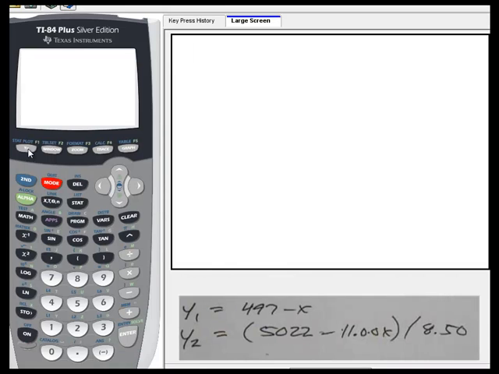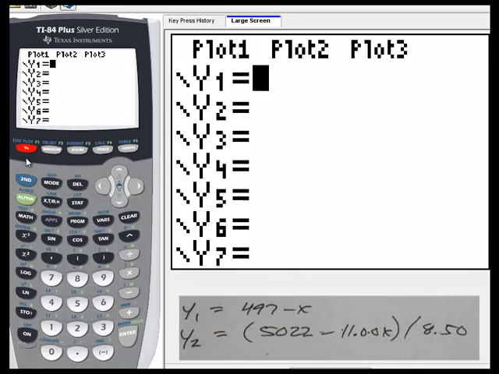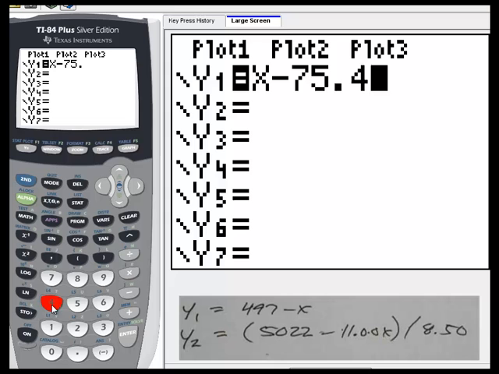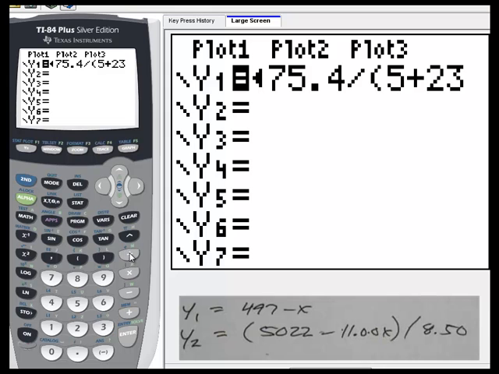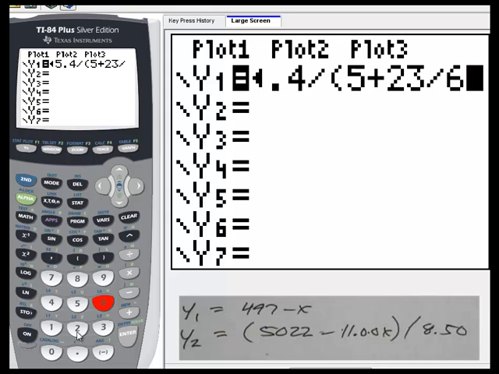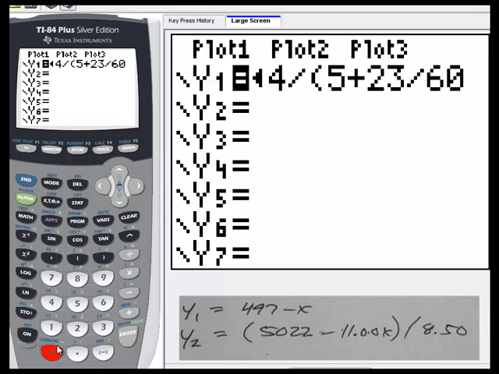Okay, let's go to the y equals 2 edit screen. And in the case of y1, we have here x minus 75.4 divided by parenthesis 5 plus 23 divided by 60 and then another parenthesis.